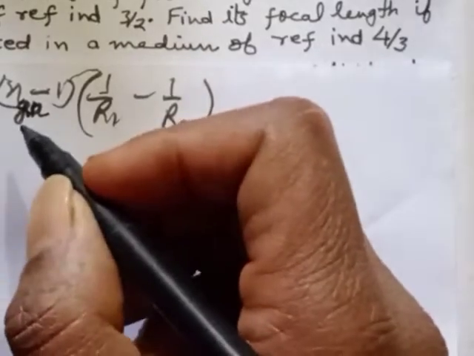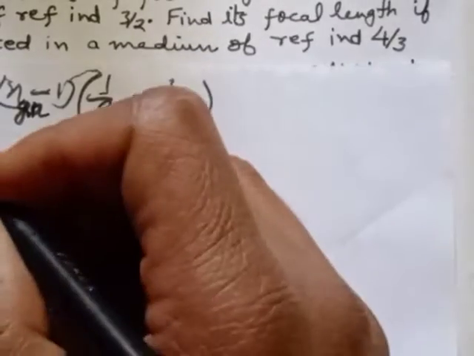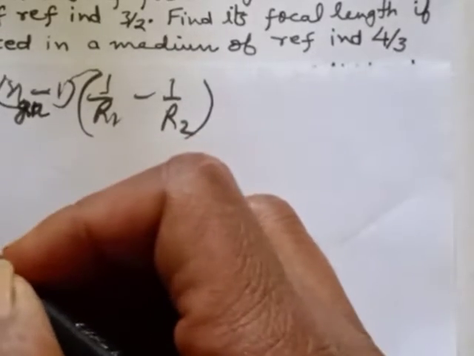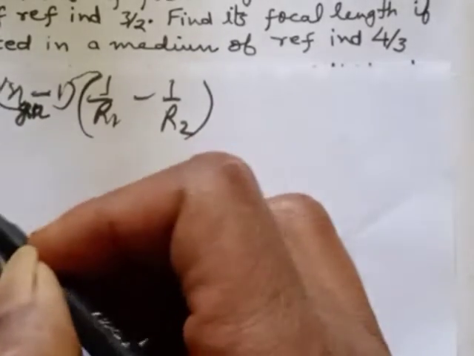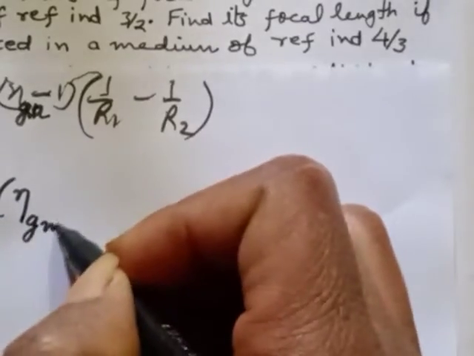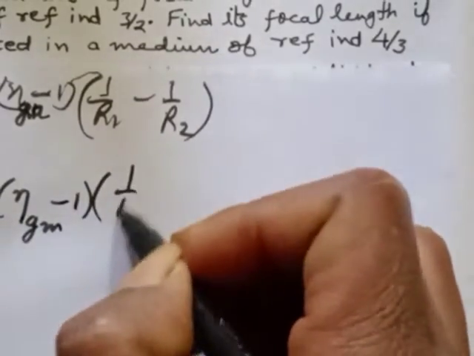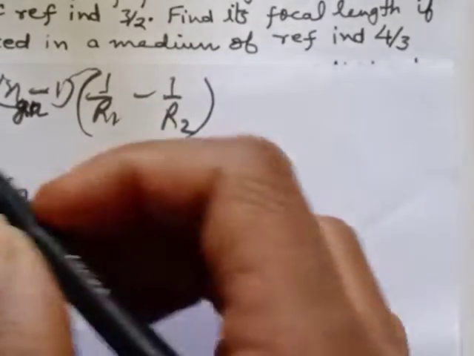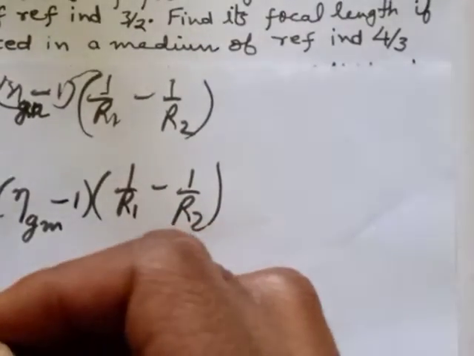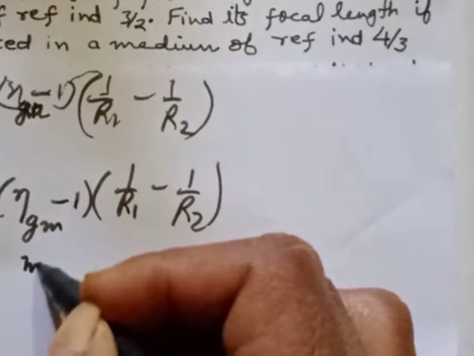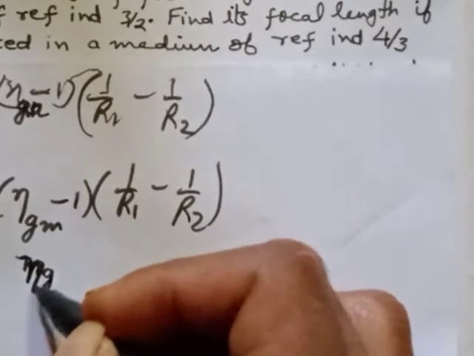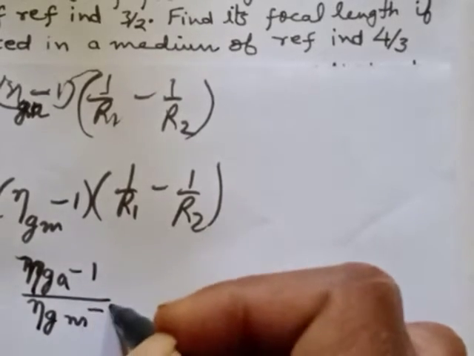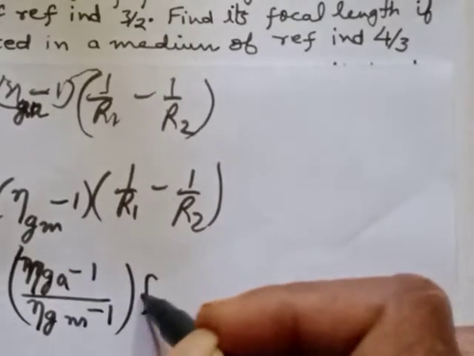In the first case it is eta ga, glass with respect to air. It is the focal length when it is placed in air. Now what happens if it is placed in a medium? Then it is eta gm minus 1 times 1 upon r1 minus 1 upon r2, and if we divide both of them, then finally fm equals, oh god, it is not eta ga minus 1 upon eta gm minus 1 multiplied by f subscript a.